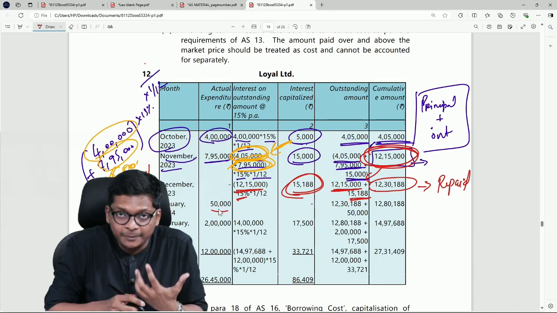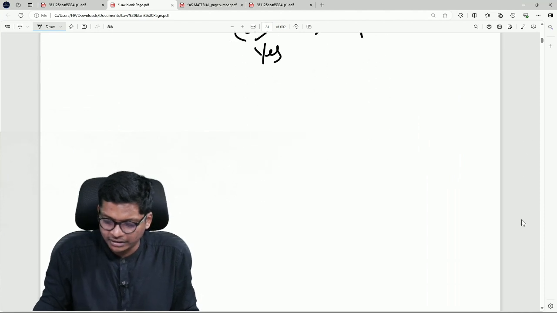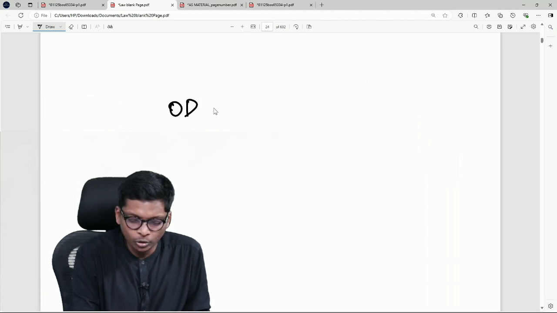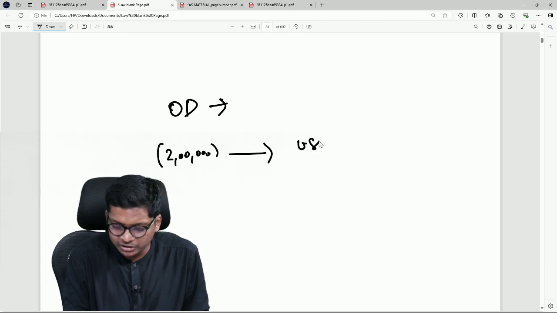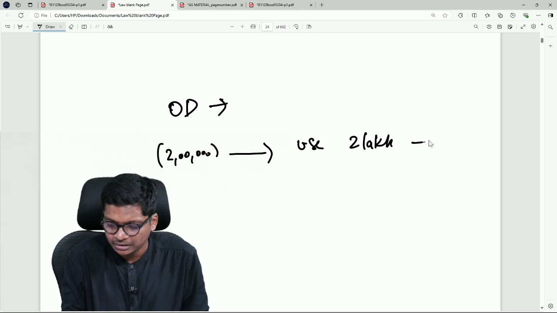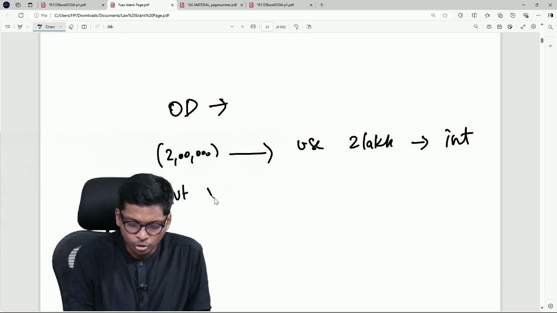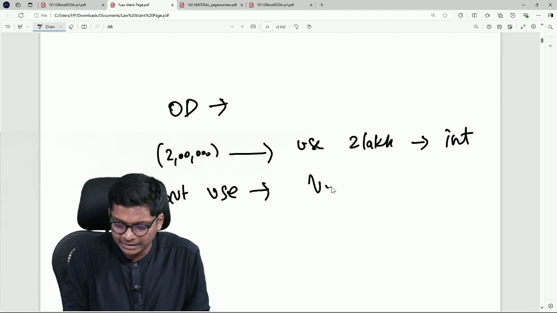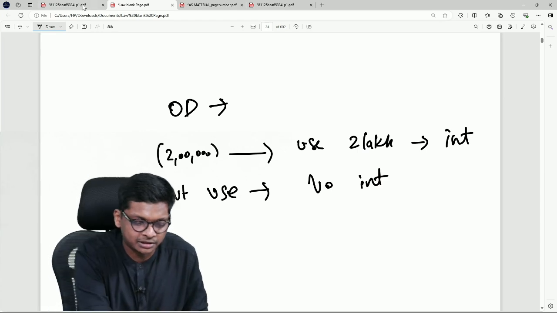So if there is surplus cash, OD is not used. How does OD work, guys? In overdraft, if my overdraft limit is 2 lakhs, if I use 2 lakhs, I will be charged interest. If I don't use, then there is no interest. It's like a credit card. If you use, there will be charges.